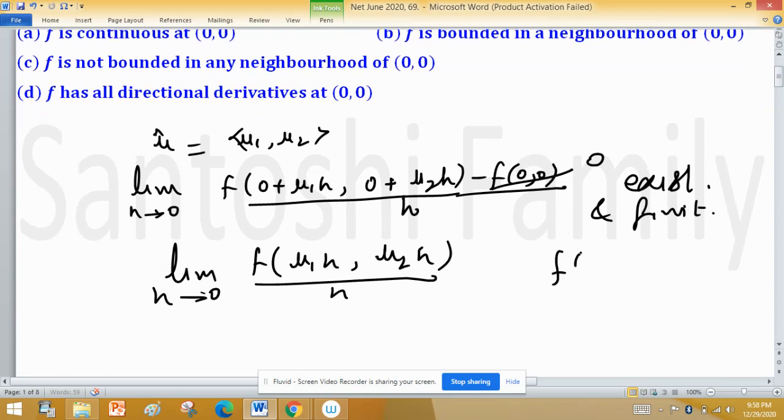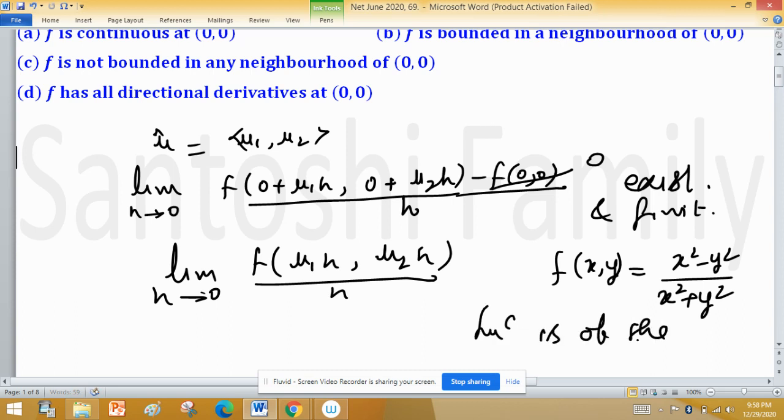Now f is given in terms of x and y: x squared minus y squared divided by x squared plus y squared, and the function f is of the kind where the power sum of x and y is the same throughout in the numerator and denominator. It means the function is of the homogeneous type when we represent f in terms of x upon y.